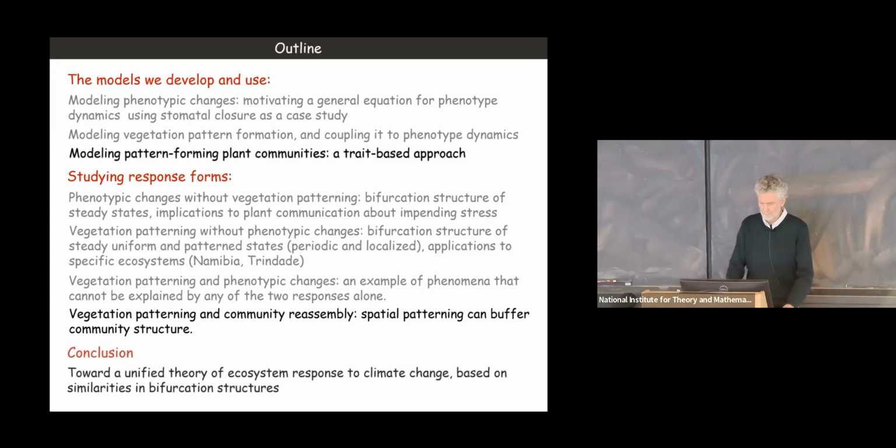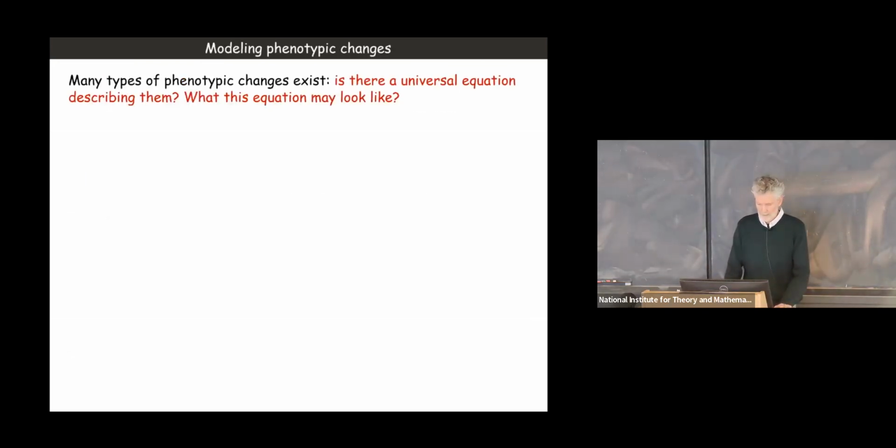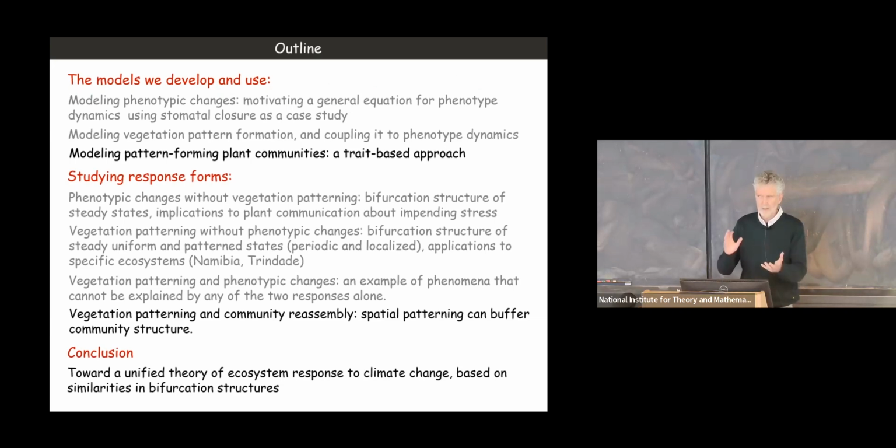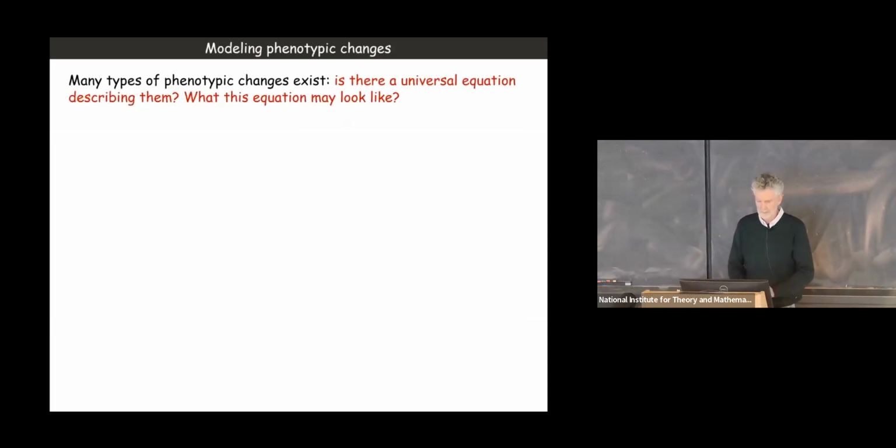And then I'll conclude and try to share with you my view that a unified theory of ecosystem response to climate change is something that might be feasible, which is related to similarity in bifurcation structure that we see for different mechanisms.